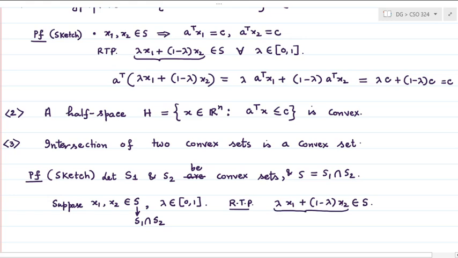But here is a point: S1 intersection S2 may be empty. So while assuming that x1, x2 belong to S, this might not be possible if S is an empty set. So here we split the proof into two parts. If S is empty, then trivially it is convex.